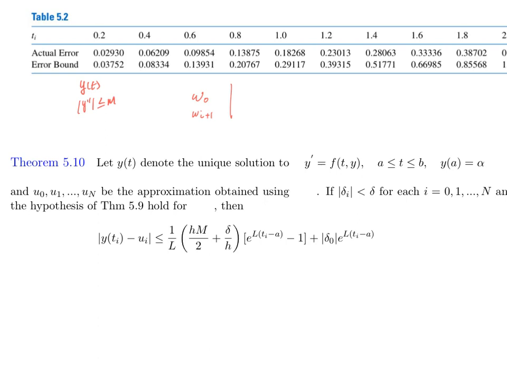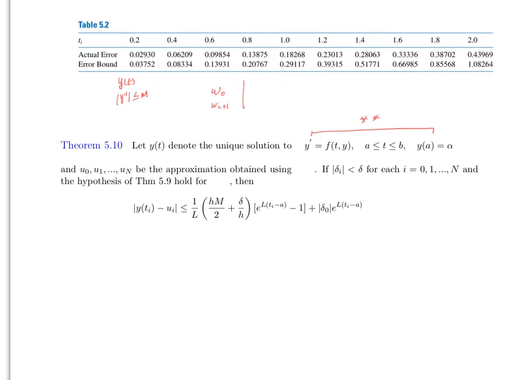Theorem 5.10 says the following. Let y(t) denote the unique solution to the initial value problem. I'm just going to call it right now double star. And let u0, u1, all the way to un be the approximations obtained using a star, where a star will be this. u0 will be alpha, the initial condition, plus some error.